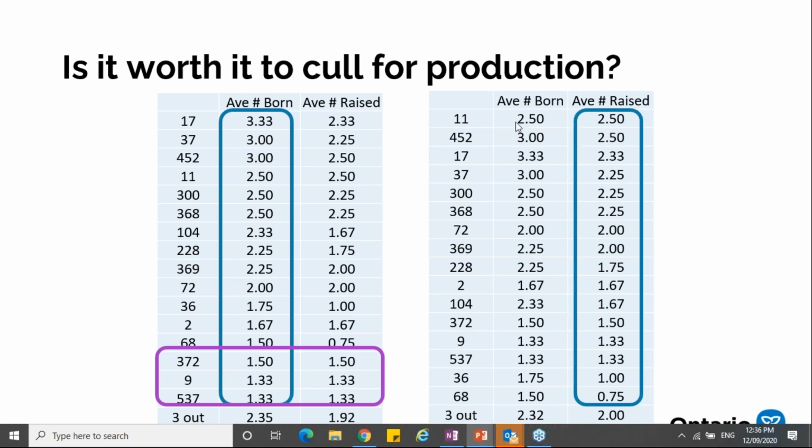And then if instead of that, I culled based on number raised, then I've got these 3 ewes here. One of those is the same, this 537, but 2 of them are different, right? What that does then is the remaining ewes, if I'd culled these, would have averaged 2.32 born and 2 raised.